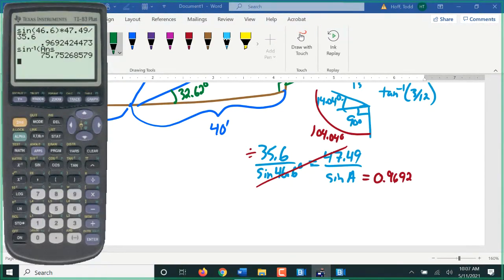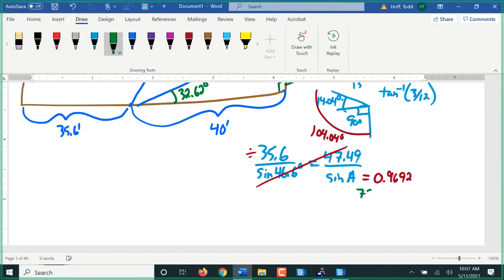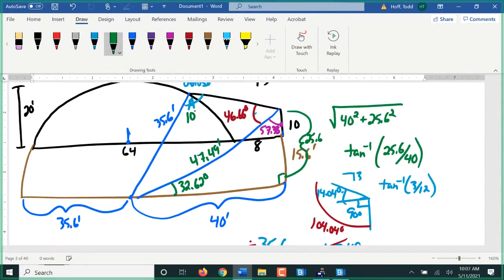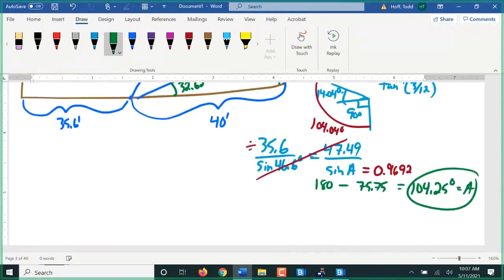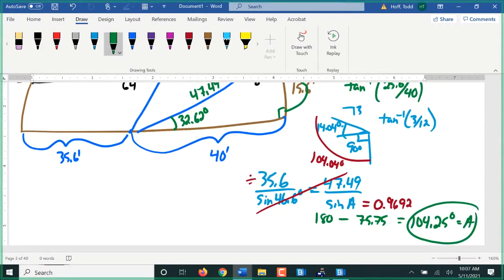You get 75.75. That is still not A. We have to do 180 degrees minus that. You get 104.25 degrees, which is angle A there. So this angle up here is 104.25 degrees, which leaves us then with this angle here being 28.26 degrees.